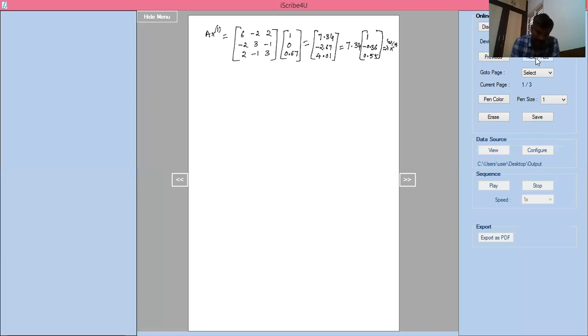Now similarly I will take AX2. The A matrix is 6, minus 2, 2, minus 2, 3, minus 1, 2, minus 1, 3, into the x2 vector. X2 is nothing but 1, minus 0.36, 0.55. Multiplying, 6 into 1 minus 2 into this, 2 into this, and adding, the first element is 7.82.